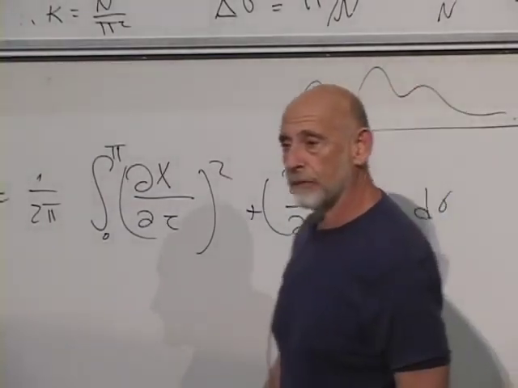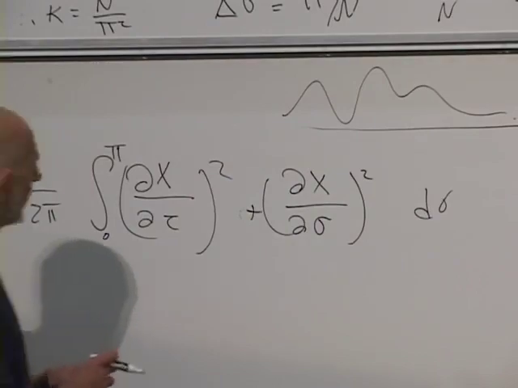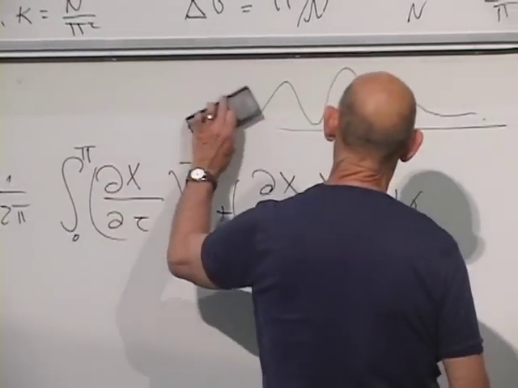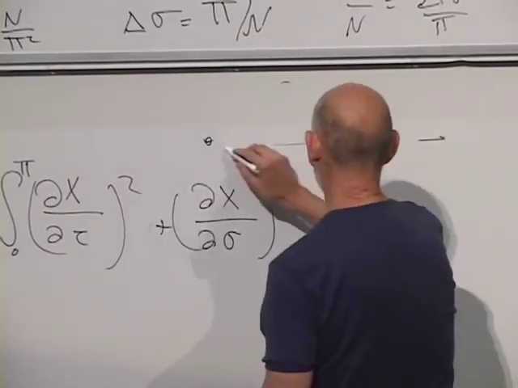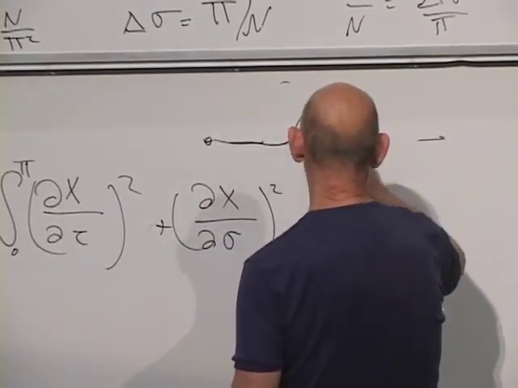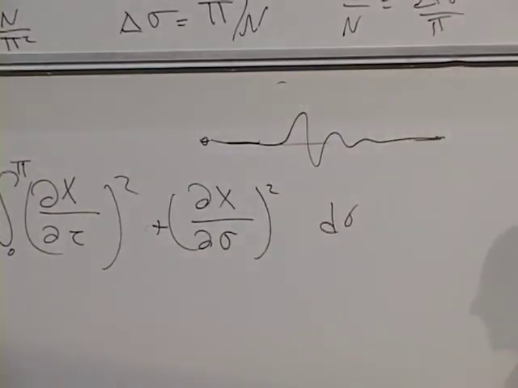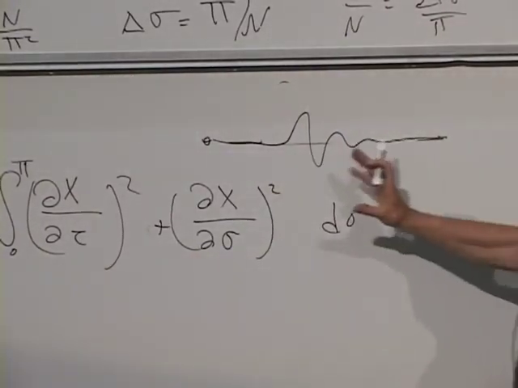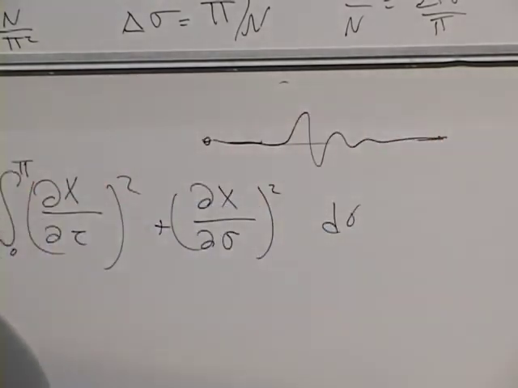Now, the only thing that you have to keep track of is what happens, let's suppose we have a wave. It goes from 0. The wave either moves to the left or the right. What happens to the wave when it gets to the end? It doesn't keep going, it bounces off.